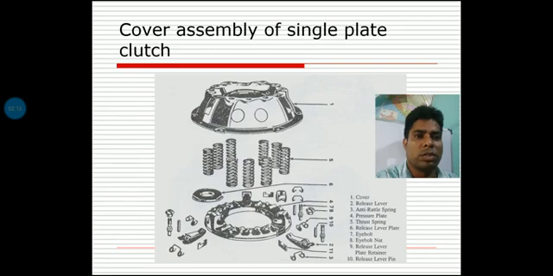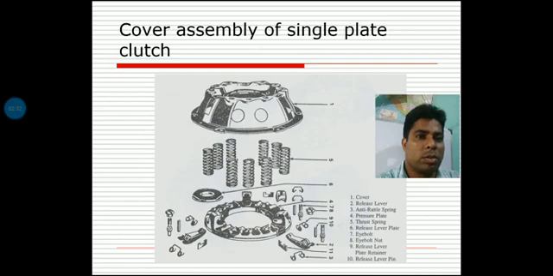First, number one is the cover. In automobile vehicles or any type of vehicle system where the clutch is employed, that portion is obviously in a covered shape.